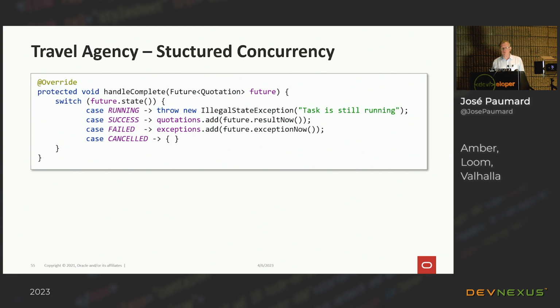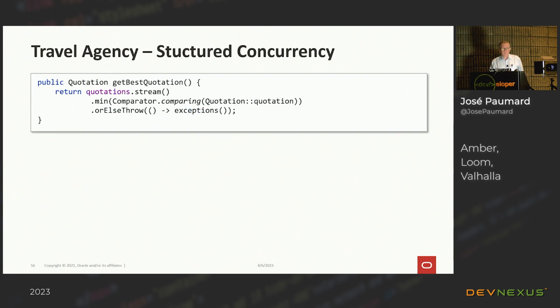And this is what this code is doing, basically. Super simple to write. And once you have accumulated all the results from your future object in this collection, which is here just quotations, you may write this get best quotation method in that way. Just a matter of finding the minimum of a collection, which is a good job for the Stream API.